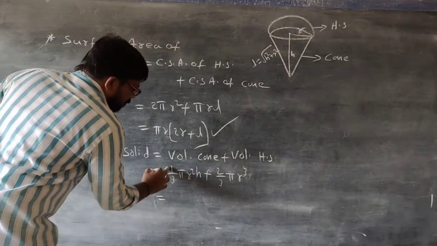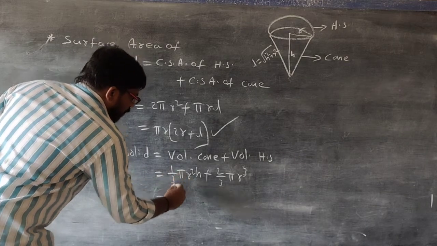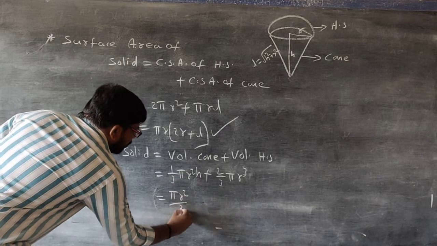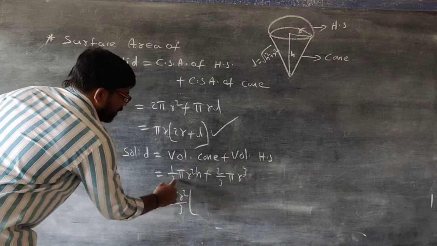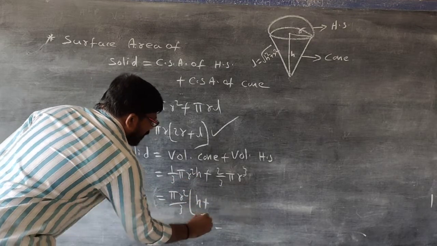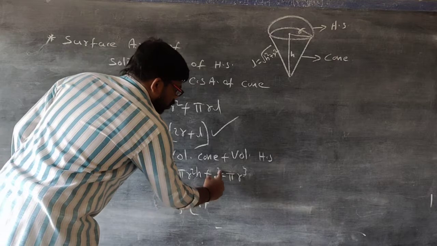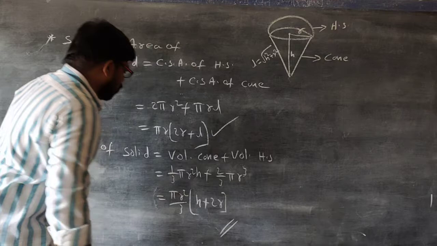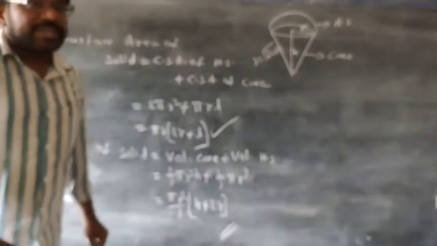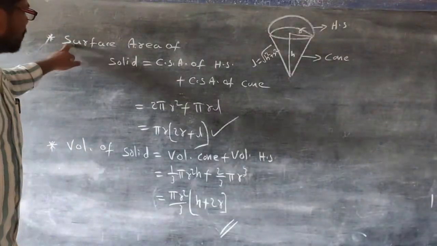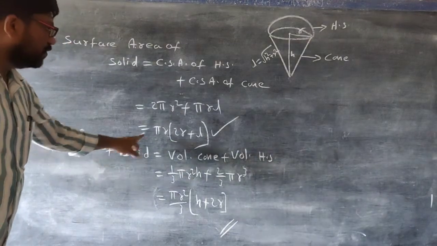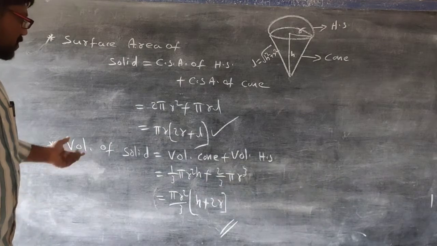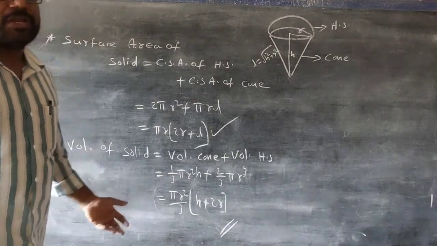So take what is common, pi r square by 3. Here h is remaining, h plus 2r, right? This is the volume of ice cream cones, right? So surface area and volume, these two are very important formulas. Keep them in your mind, right? By using this formula we can find the volume of cone ice creams.